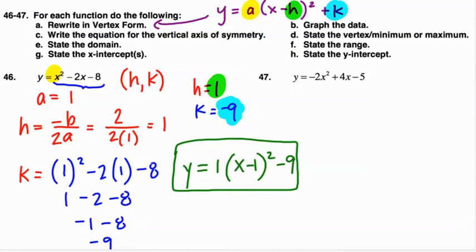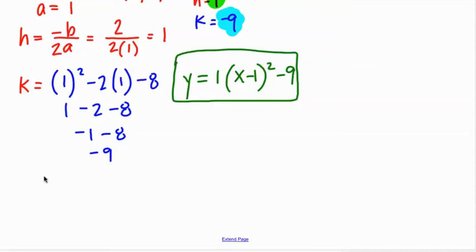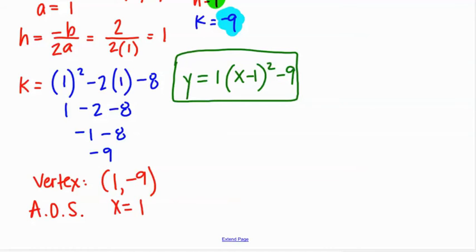Now, once we find the vertex of the quadratic, which is 1, negative 9, from here we can find the axis of symmetry, which is x equals 1. We can find whether or not it's a maximum or a minimum. Well, since a is 1, we know that this opens up. Therefore, it will have a minimum value.